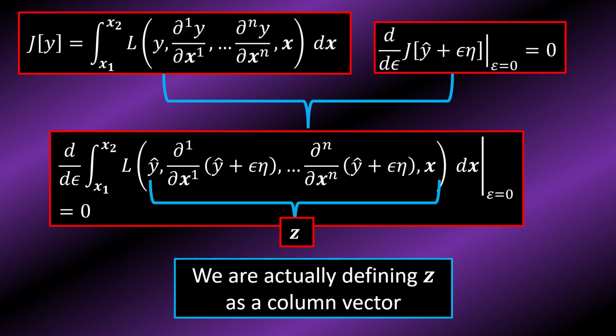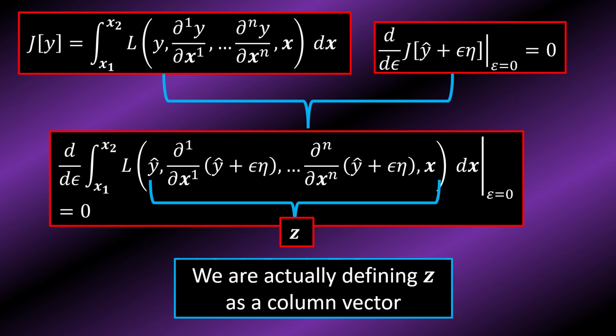So theoretically, in any direction, we want the derivative with respect to epsilon of J of y hat plus epsilon eta to be equal to 0.